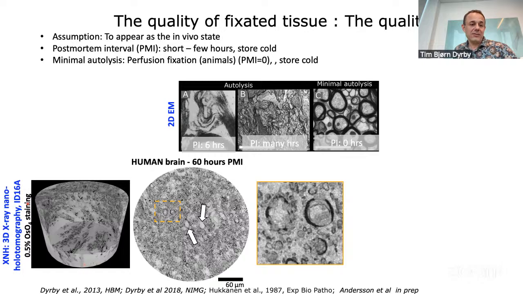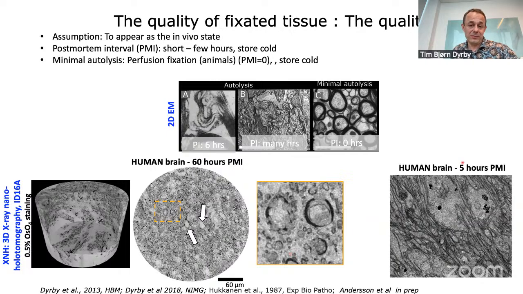But when you look at it in 3D, this 3D volume, you can see large spaces here. And if you try to follow the axons, you cannot see them here. In 3D, these axons look like some kind of balloons that are sometimes exploded piecewise. And that is not normal. And when we zoom in, you can see the myelin is disrupted in layers. And yeah, it's not normal. But if you fixate it with a short postmortem interval, so this is a human we just collected here.